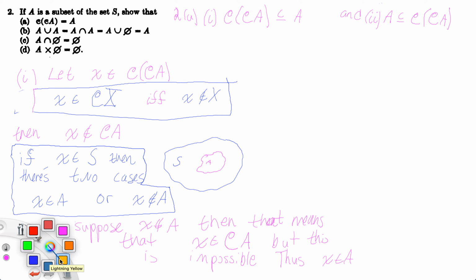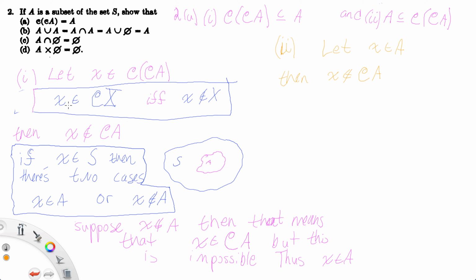So now we're showing part 2 here. Let x be in A. Then x cannot possibly be in the complement of A. Remember that an if and only if statement means that if x is in the complement of A, then x is not in A. Oh, I'm sorry, I said that wrong.